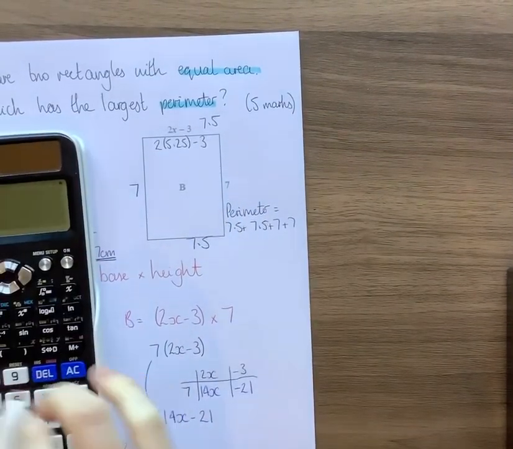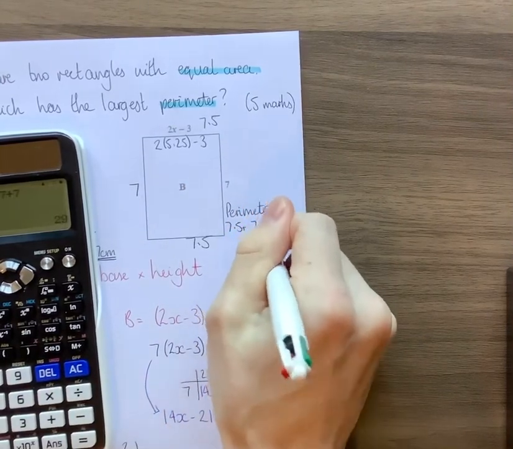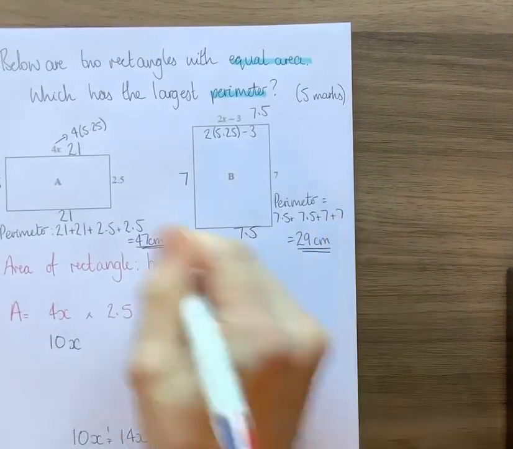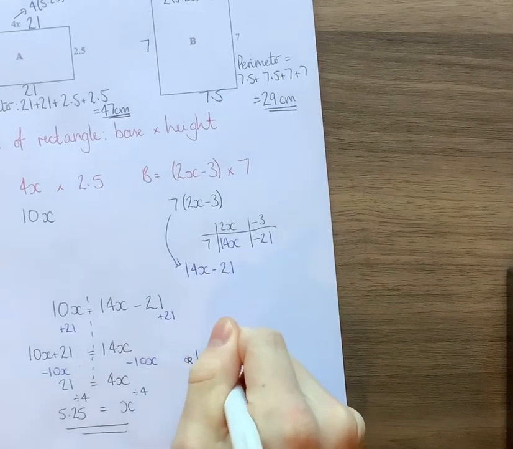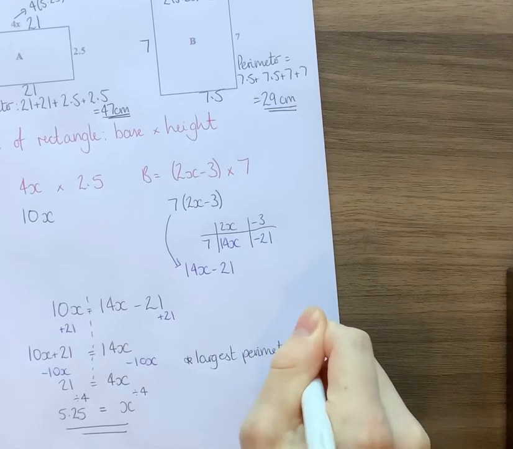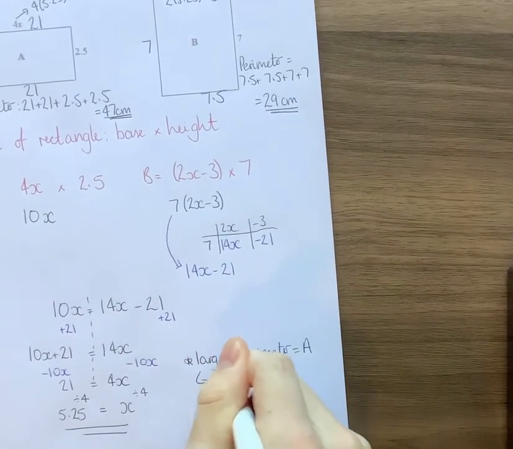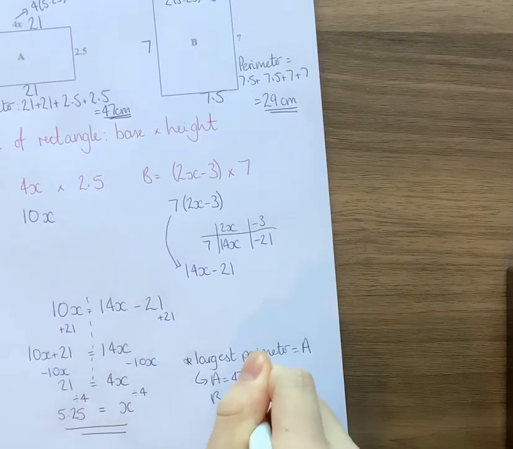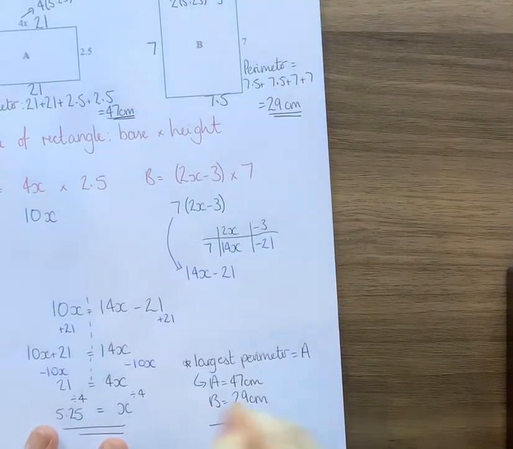So I'm going to type that in, which is 29 centimetres. So the largest perimeter is A, and I'm going to write that down at the bottom. Largest perimeter is A, and I'm going to specify that actually A is 47 and B is 29, so it's clear to the examiner exactly what values I've got.